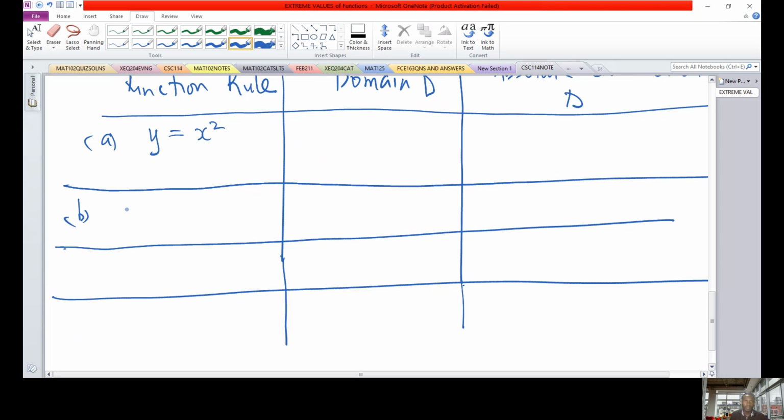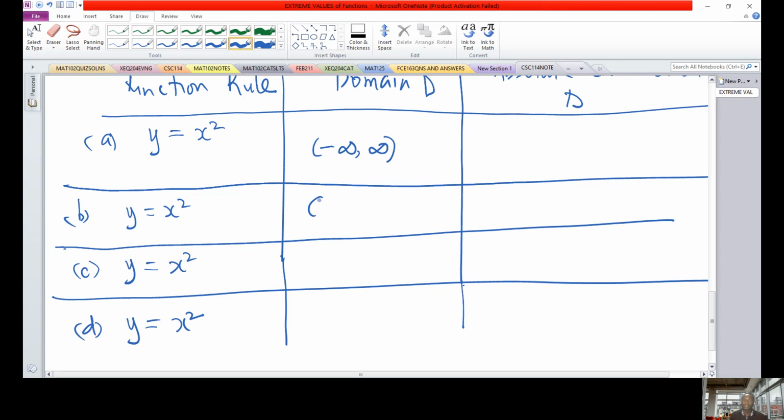B is still y equals x squared, C is still the same function, D also y equals x squared. We consider the first domain from negative infinity to positive infinity.